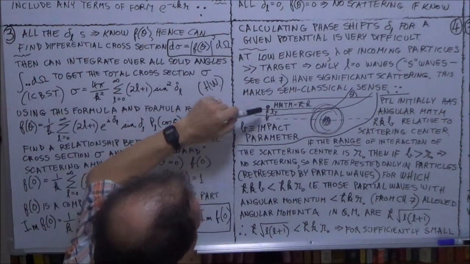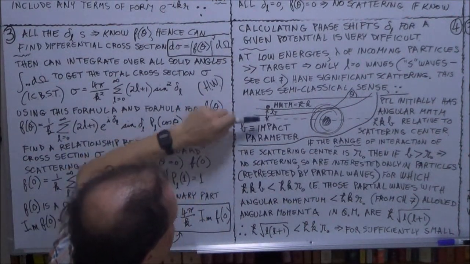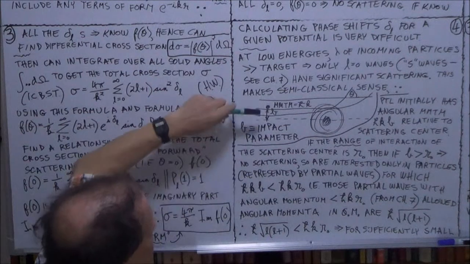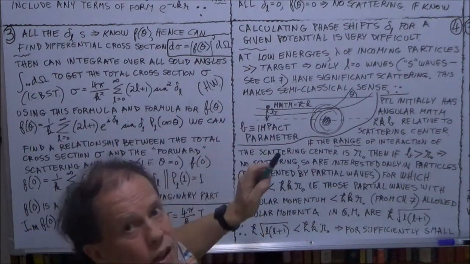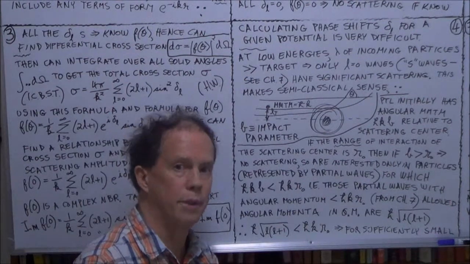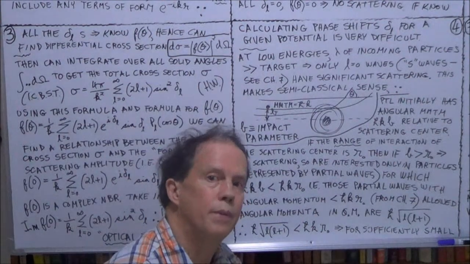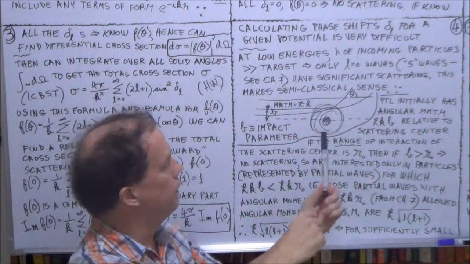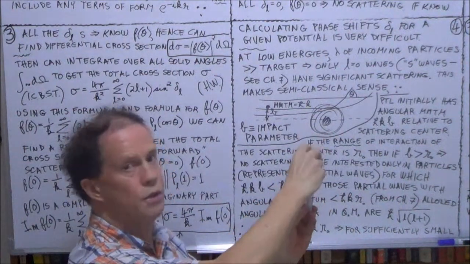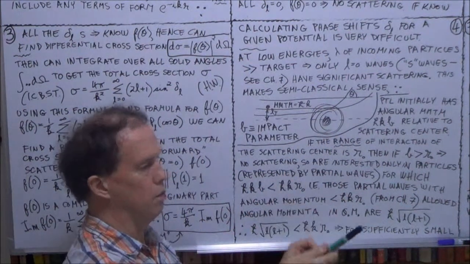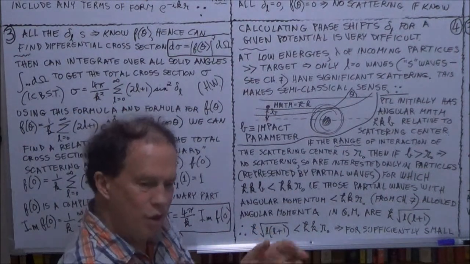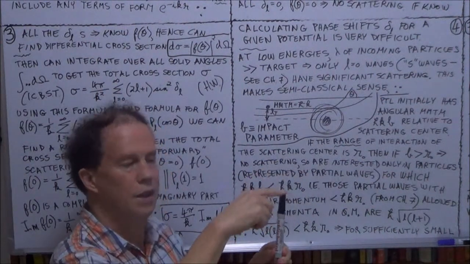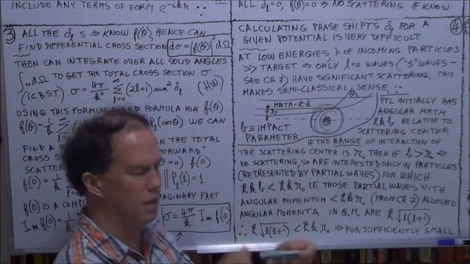So in other words, we're restricting our attention to when this impact parameter, this little b, is small enough. In other words, in terms of angular momentum, now think classically, think classical mechanics. What is angular momentum? How do you define it? Well, say I've got a weight here on a string, and I'm turning the weight. So imagine this pen here, that's the string, and the weight's attached to the top, and so it's doing this.